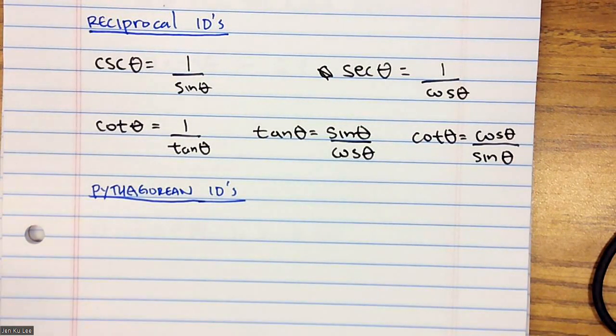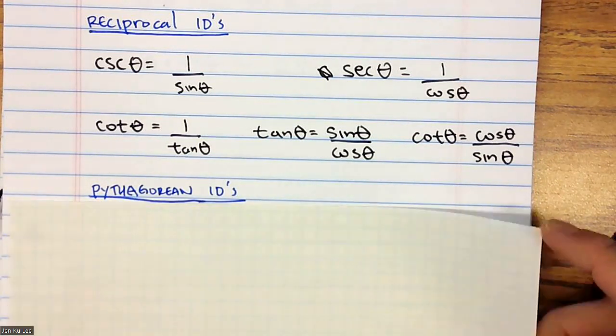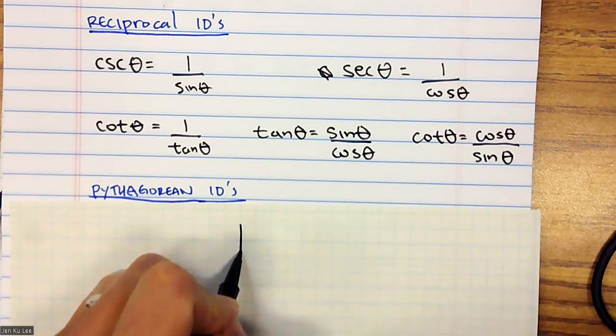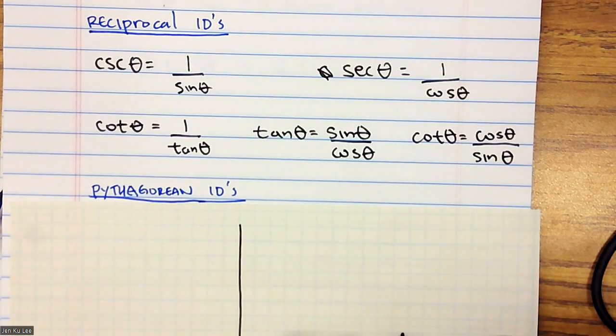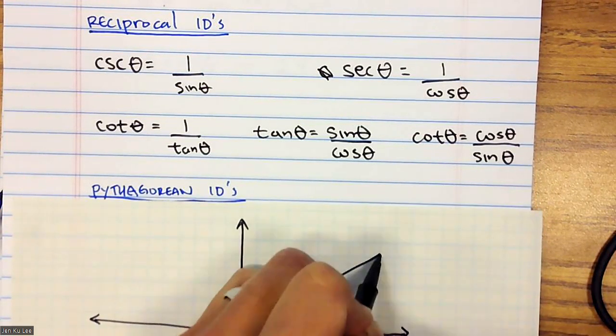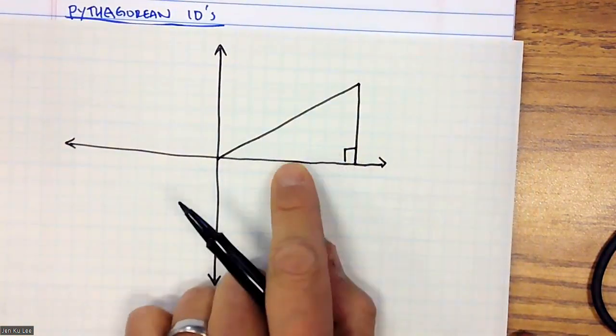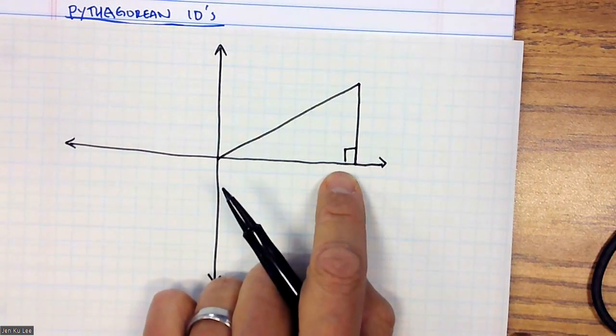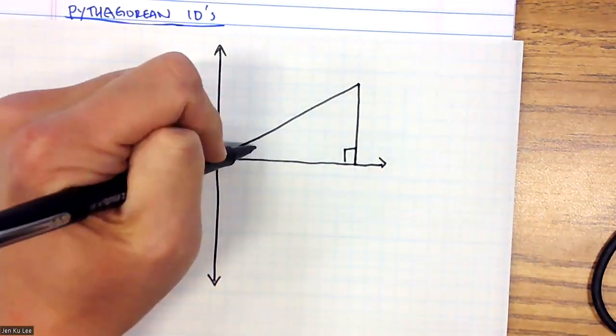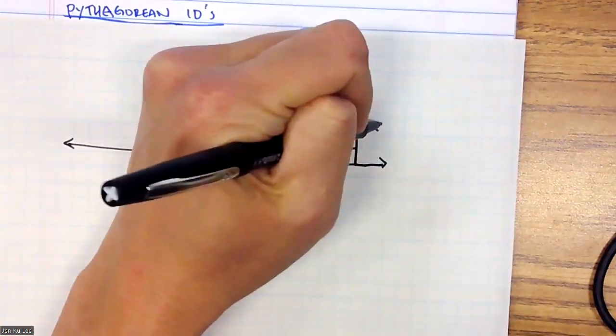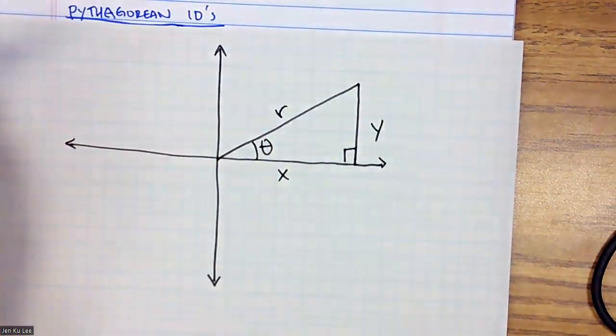No? Okay. Now the Pythagorean identities. When you see the word Pythagorean, what do you think of? The Pythagorean theorem, right? That's based off of the right triangle. So I drew a right triangle here. Remember, opposite, adjacent, and hypotenuse became y, x, and r.